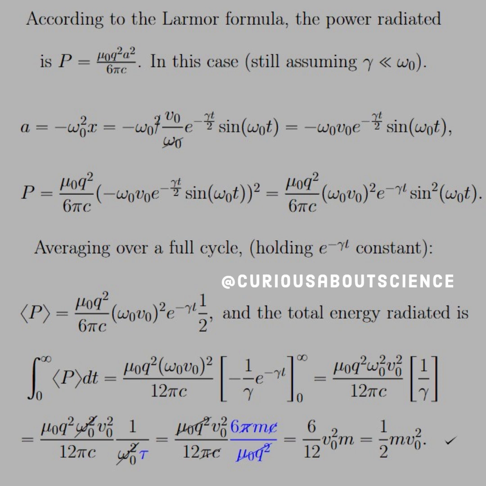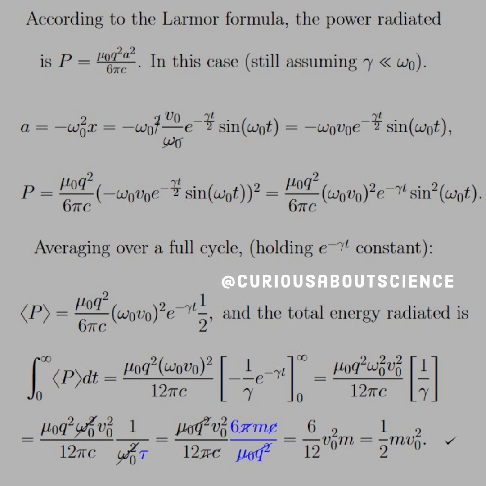If we plug that in and square it, as is required for the Larmor formula, we get something pretty gross, in my opinion, which is mu naught q squared over 6 pi c, omega naught squared v naught squared. The 2 from the exponential gets canceled with the square. We like that. But we also have a sine squared omega naught t term now. If we're averaging over a full cycle, holding the exponential term constant, we get that 1/2 again.